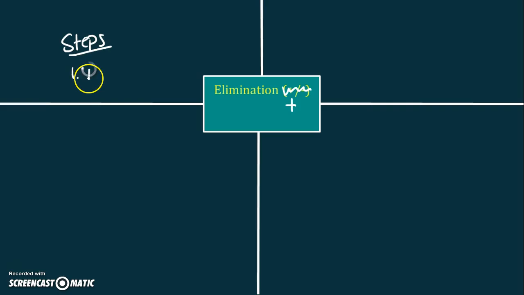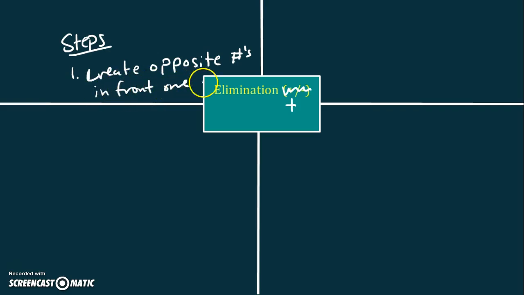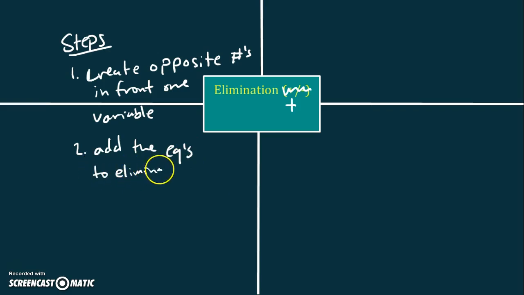First, you're going to create opposite numbers in front of one variable. Then you're going to add the equations together to eliminate one variable.